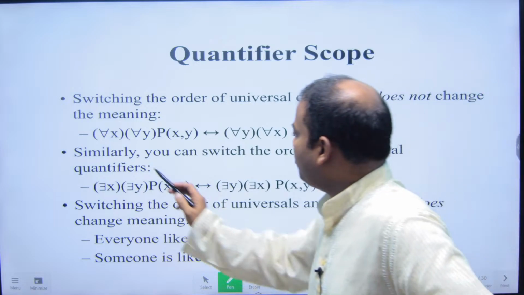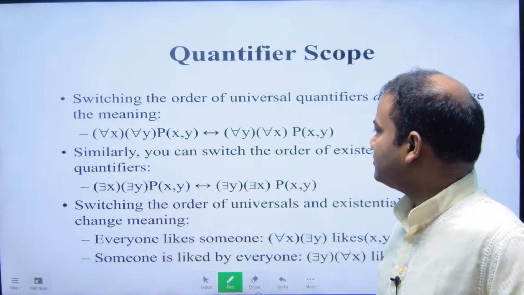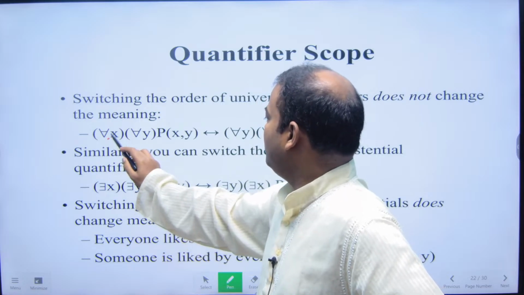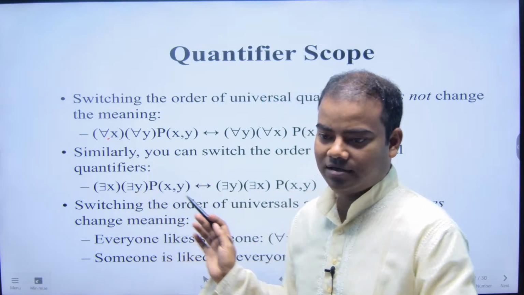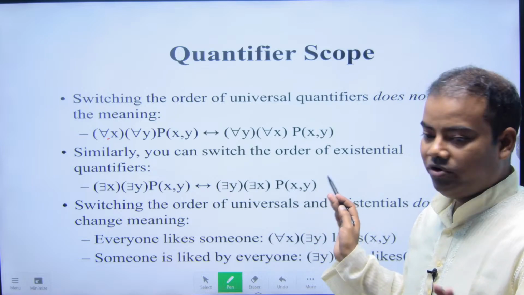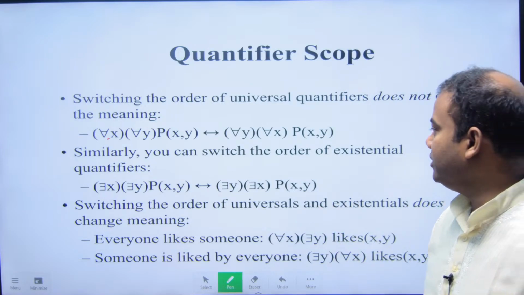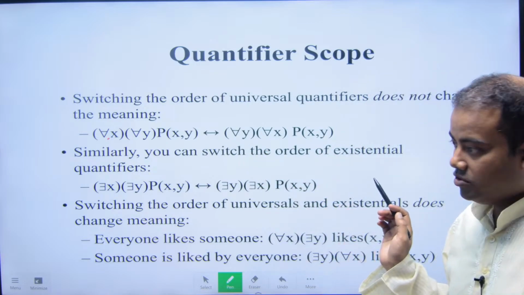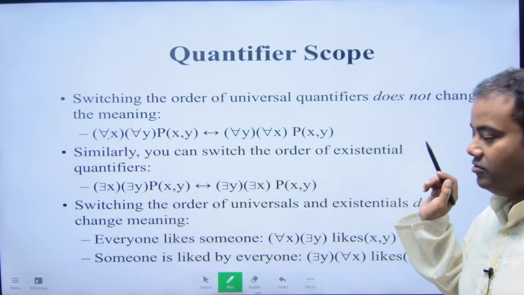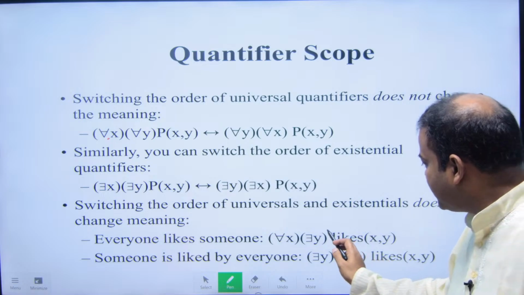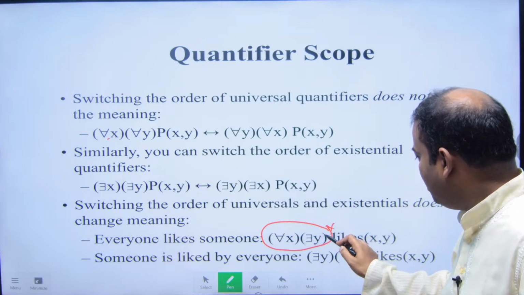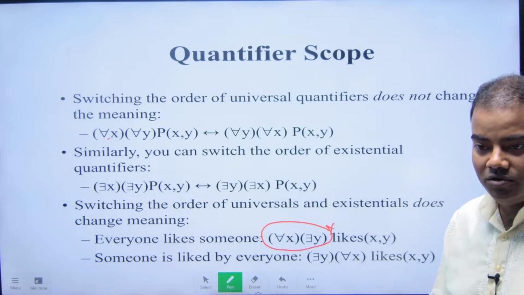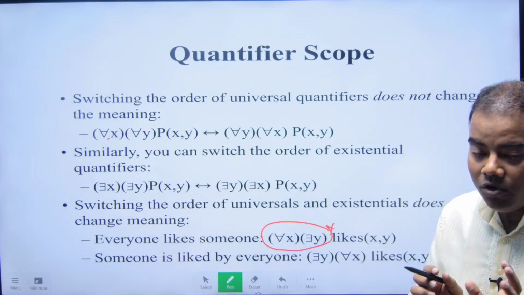Now if it is for all x and for all y, then you can change the position, and the meaning will not change, means for all x, for all y can be replaced with for all y, for all x. Okay. Similarly for there exists also, but for all x there exists y cannot be replaced with there exists y for all x. If both are the same type, then why is it so?